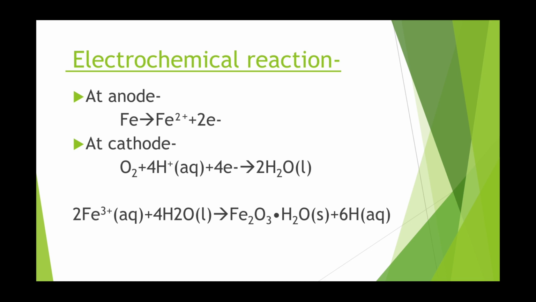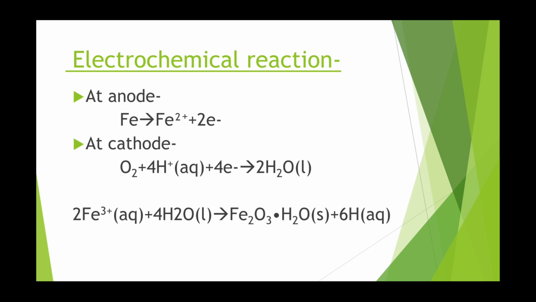That is rust. Fe2O3.H2O is called rust. It is collected on the surface. This is called corrosion. The iron rust, a reddish layer, is collected and we can observe that. This is corrosion of iron.